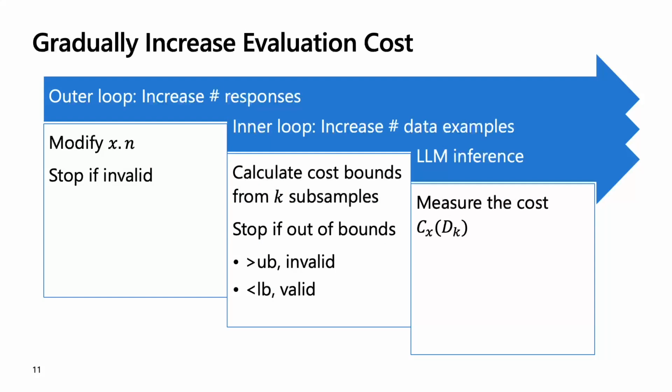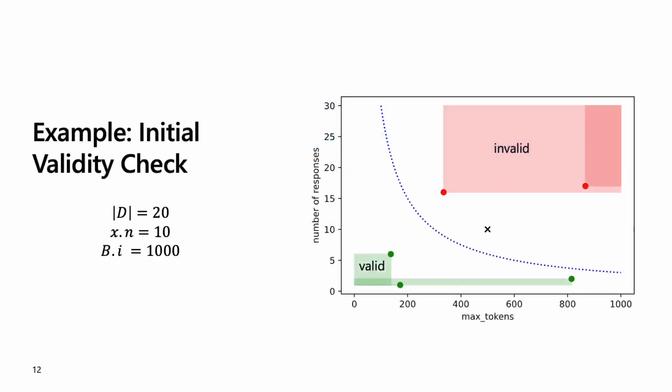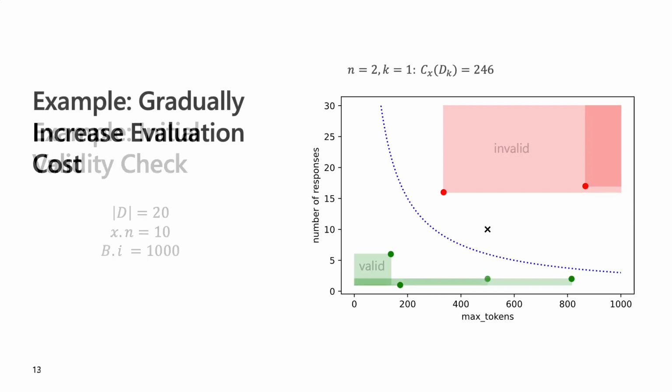Then we gradually double the number of responses n until it reaches the specified number of responses of this configuration, or until it is pruned. This example illustrates how the pruning works, how the valid and invalid regions change as more evaluations are made, and how early stopping saves evaluation costs.